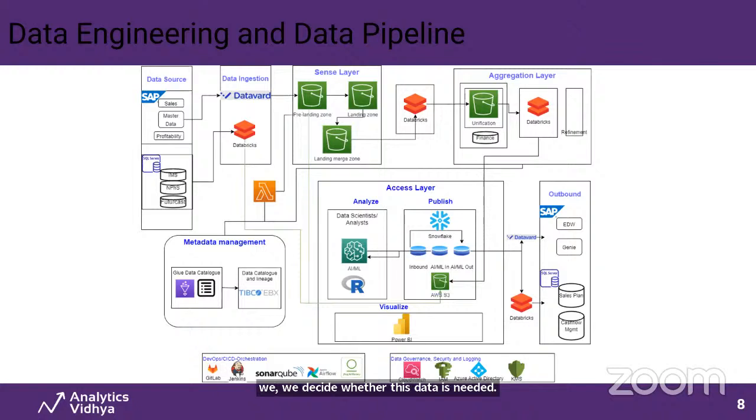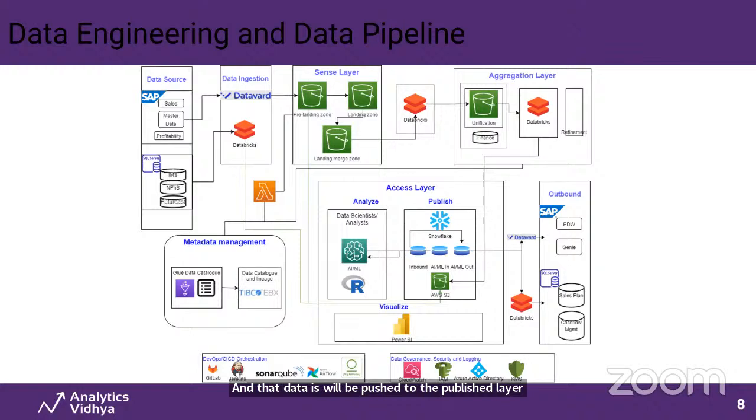If that data is not needed and it doesn't make any sense to our final business, then we filter out the data, and we only put the required data into our refinement layer, and from that refinement layer we do the publishing. So after this unification layer, we only have the required business data, and that data will be pushed to the publish layer.